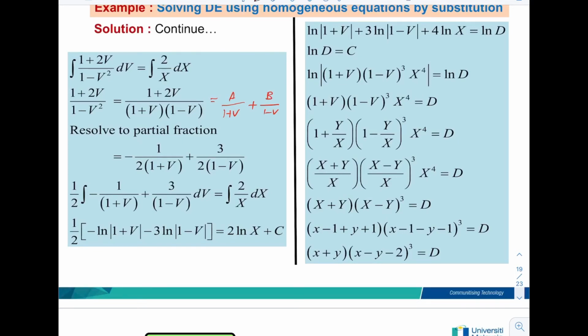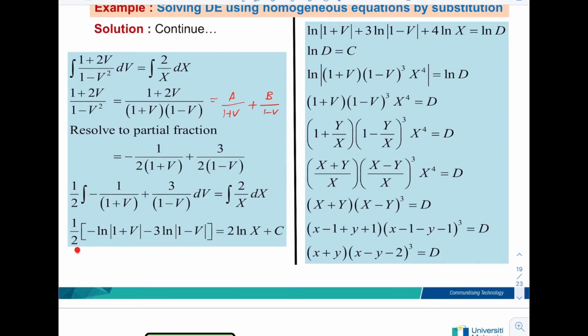By using the steps in partial fractions, I hope you can recall what partial fractions are. Then you will have the value of A as negative 1 and B as 3, and then over here you can integrate one by one.